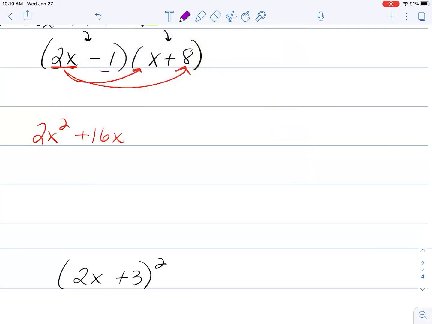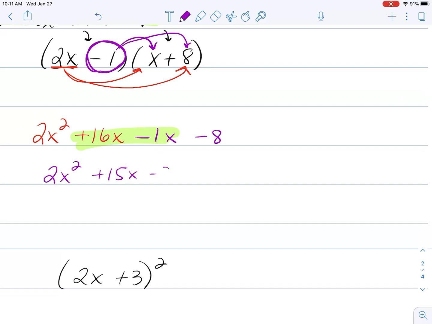And then if I do my second term, which is -1, and distribute the -1, I'm going to get -1x and -8. The last part would be to combine like terms, which are those two terms in the middle. I'm left with 2x squared plus 15x minus 8, and this would be my final expression here. So you can see how I've moved from factored into standard.